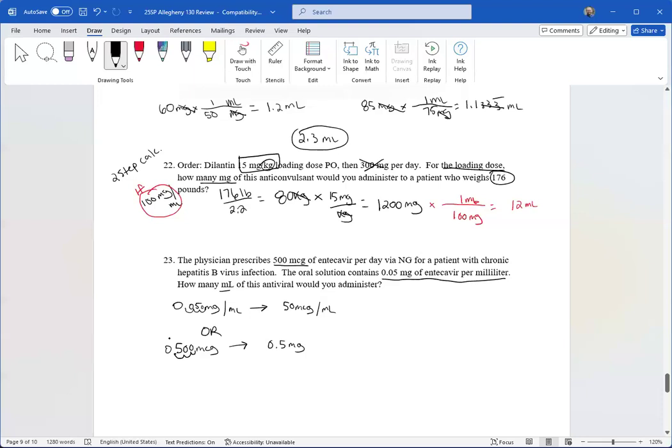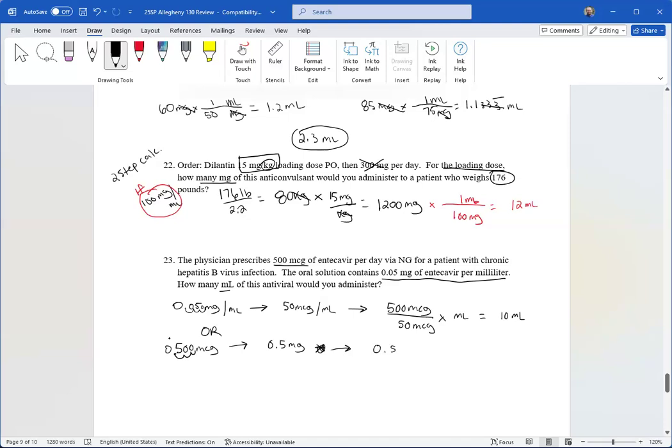So let's say I do it this way. I'm going to take my order, and then let's say I'm doing order over available, 50 per milliliter, and that'll equal 10 milliliters. Or if I just do that, that's fine.